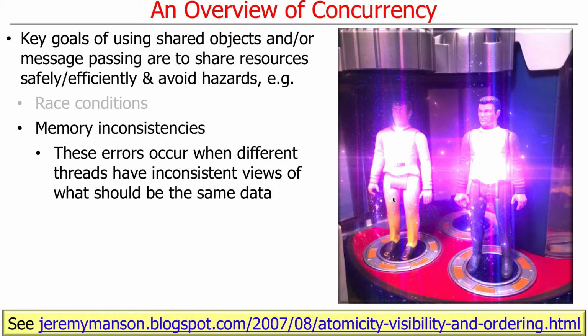Another problem you run into commonly when you start trying to work with concurrent programs is what are called memory inconsistencies. This is a more subtle problem than a race condition, although they often manifest themselves in very similar ways. The basic issue is if you have a modern multi-core processor, the cores that are running in the hardware typically have their own caches. That's by design. It's meant to speed up access to variables that reside locally. And that's all well and good.